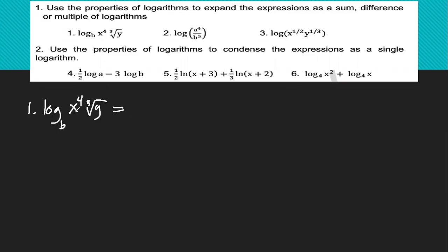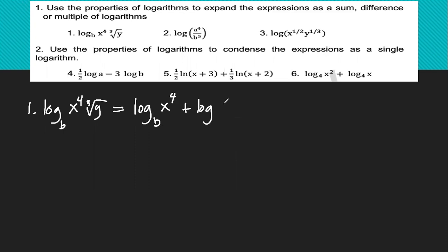First, it is obvious that they are in product, so it can be written as log of x to the power of 4 base b plus the log of the cube root of y base b. So as we can see, we have exponents here. By the way, this cube root can be written as y to the power of 1/3.